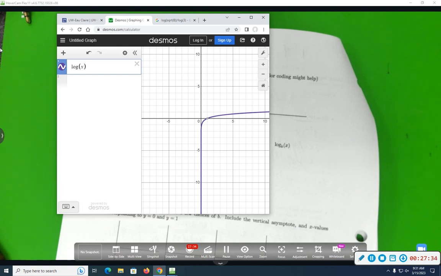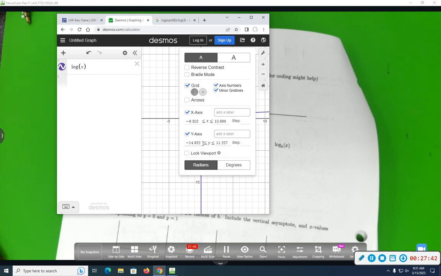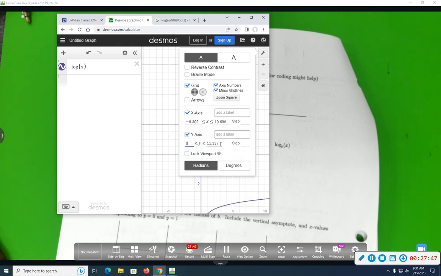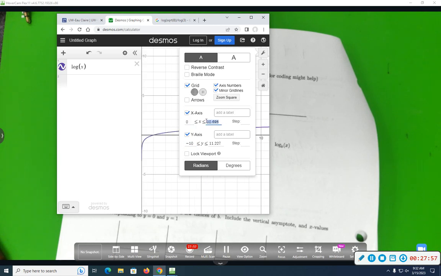I guess on this graph I can't see any more than that. I'm going to make an argument that it's bigger than that, though. Let's change the x values. There are no negatives in there, so let's start at 0. Nope. Hold on. Start the x values at 0, and let's go on for a while.